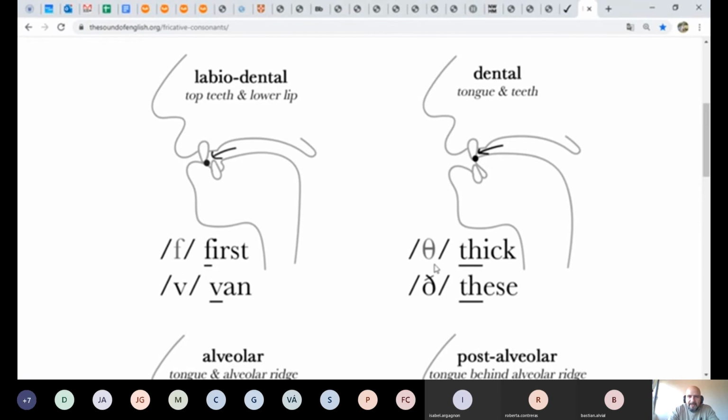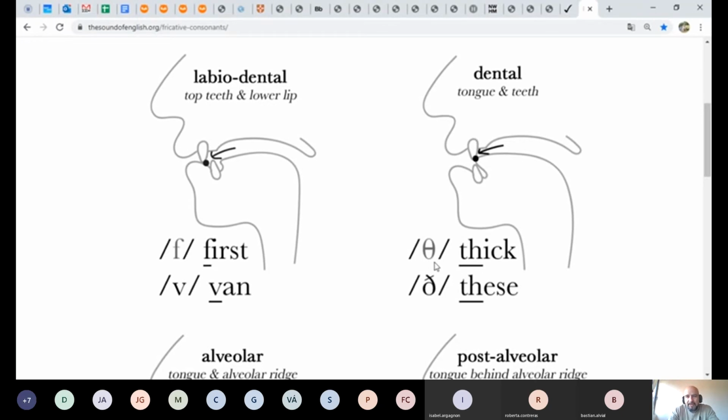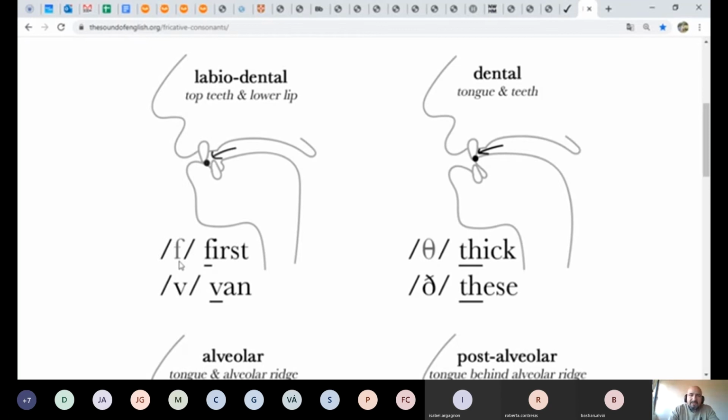He replaced the interdental fricative with a labiodental fricative, because he could not understand the concept of inserting the tip of the tongue in between the teeth, because no one explained to him how this sound was articulated, because we don't have this in Spanish. So what's the closest sound in Spanish to this interdental fricative? F, which is a labiodental fricative, also part of the same family.